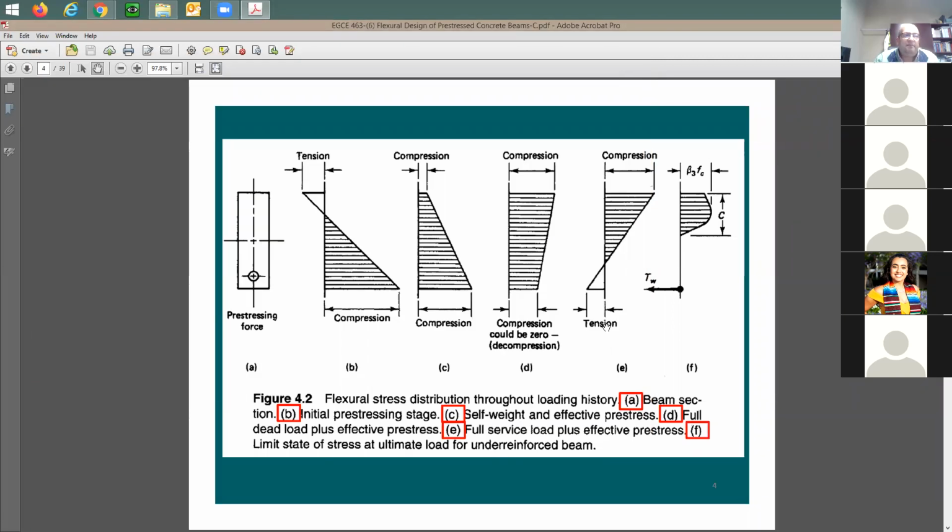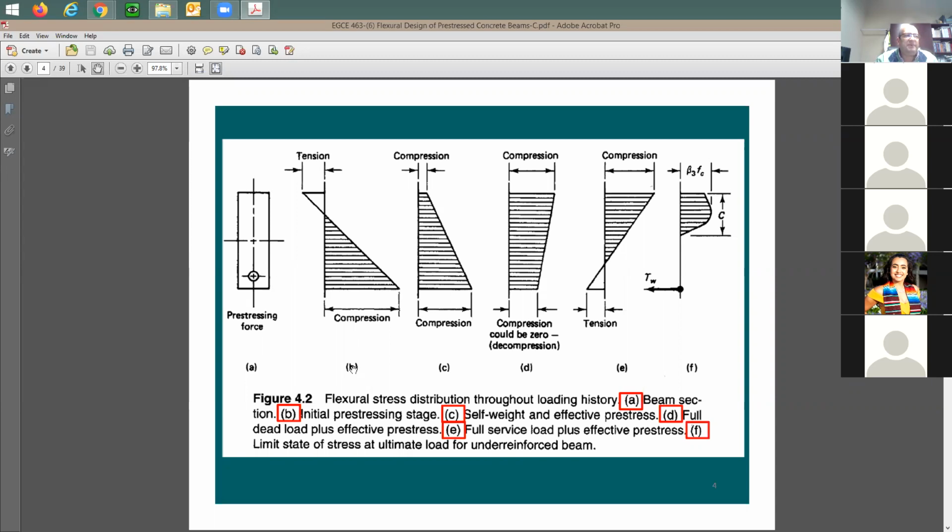So at the beginning, you're gonna be putting the pre-stress force at the bottom here. The stress here is gonna be due to only the pre-stress force. You're gonna have an axial compression plus the moment is gonna be putting compression at the bottom and tension at the top. Conclusion, you're gonna end up with some tension at the top and compression at the bottom.